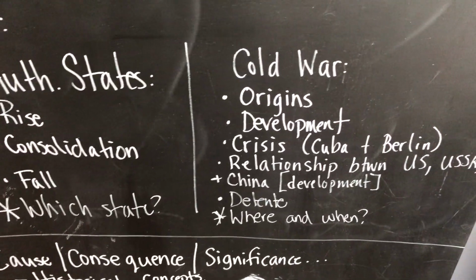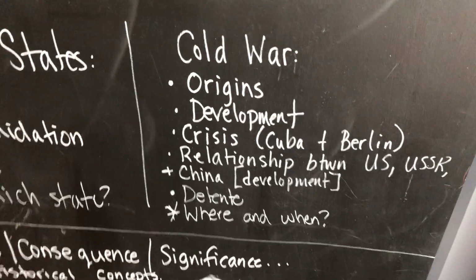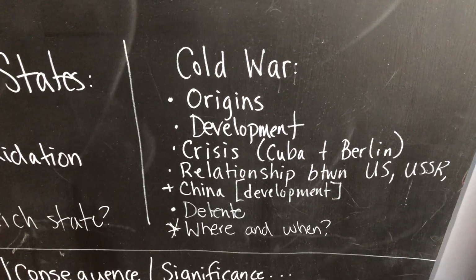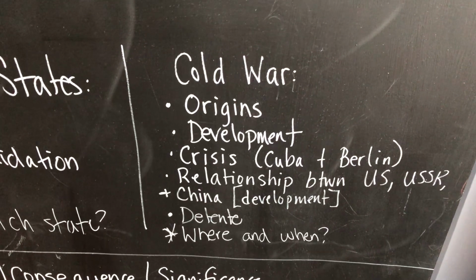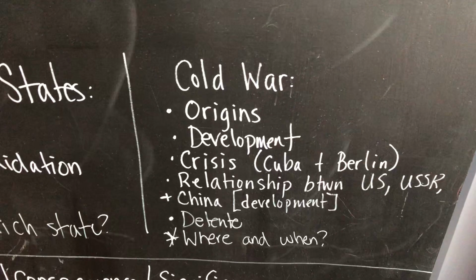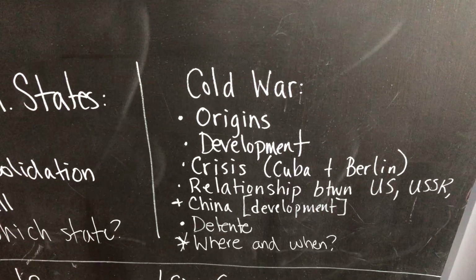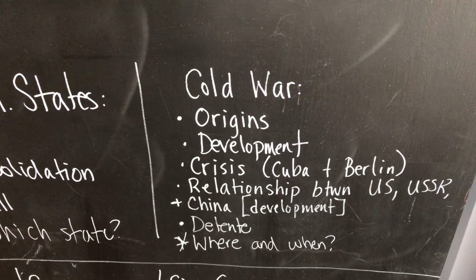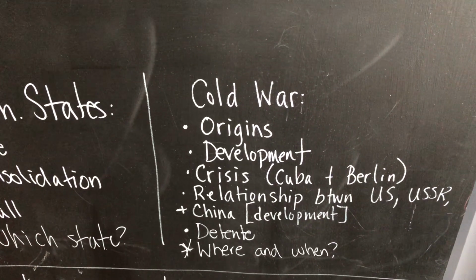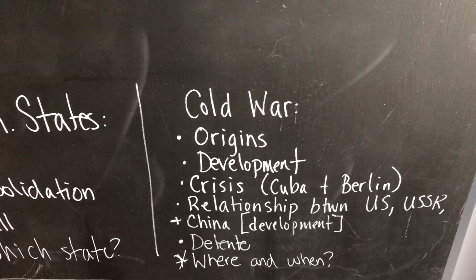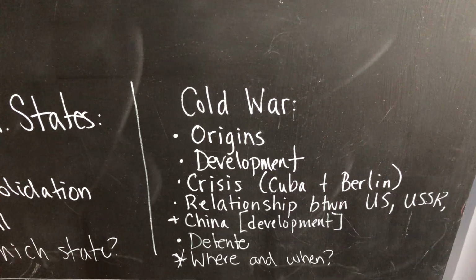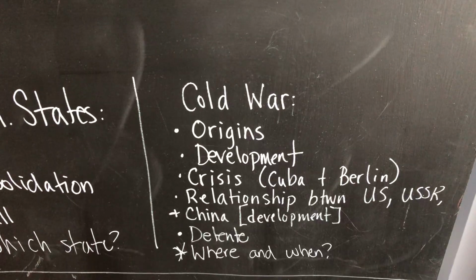Certain crises: in class this next year, we will look at Cuba and the two Berlin crises, but there are quite a lot of other ones. There's Egypt, there's Taiwan, and the Korean War can even be considered a crisis. Basically a crisis in the Cold War is a situation where at some points we looked like we might be going into a third world war.